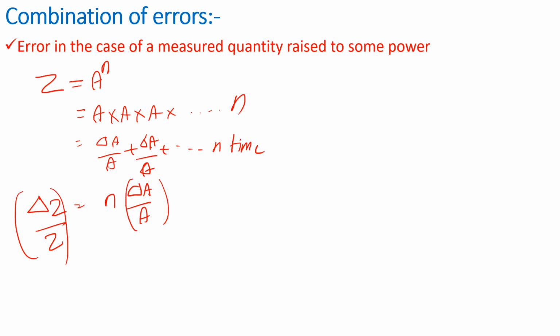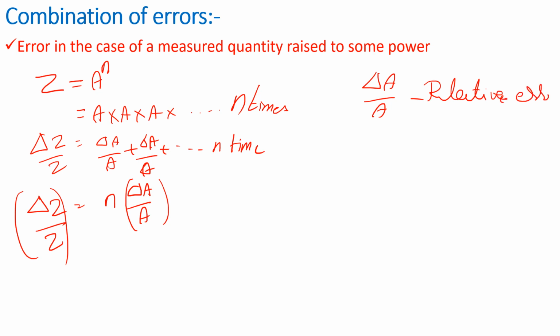Actually this is obtained like this: A to the power n is nothing but A into A into A into A, n times. We are going to find the relative error in the measurement of Z. Delta A by A is nothing but the relative error in measuring the physical quantity A. Like that, what is delta Z by Z?